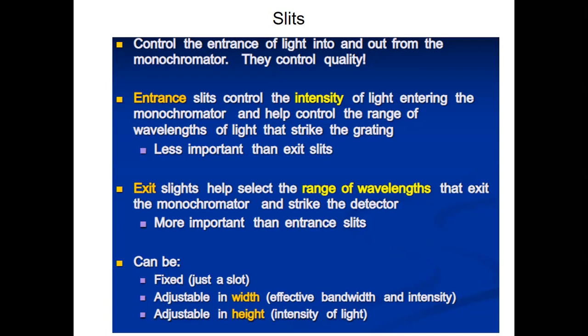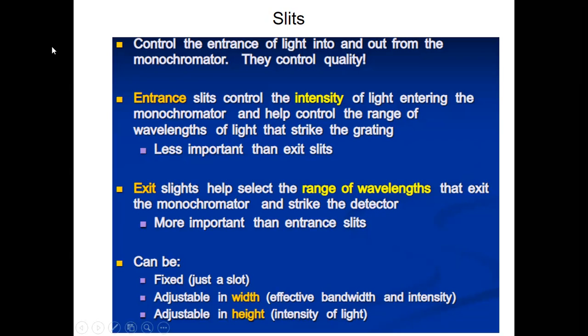When we increase the slit width, we increase the effective bandwidth. So the best way is to decrease the slit width. By decreasing the slit width, we can decrease the bandwidth of the radiation that we are interested in. And the height can also be adjusted. By changing the height of the slit, the light intensity can be changed. So those are the slits.